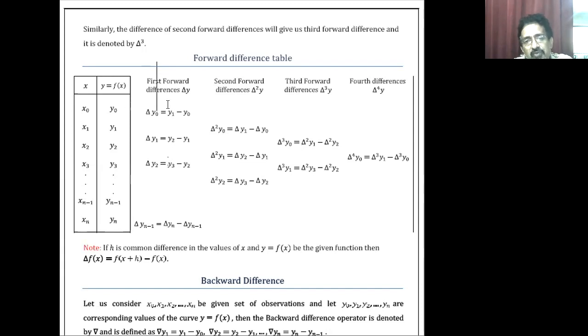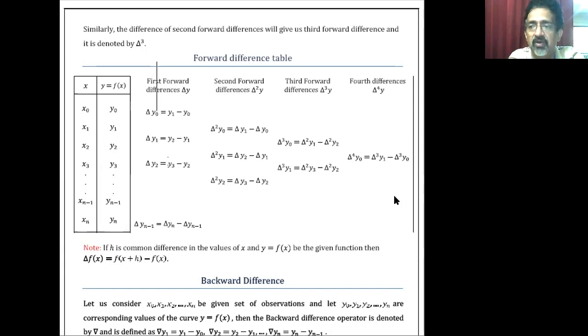So if you go along the diagonal, you get del y0, del squared y0, del cube y0, and so on. If you consider y1 and go along the diagonal, this will be del of y1, this is del squared y1, this is del cube y1, like that. So what you observe here is, along the diagonal, starting from the top of the first column up to the bottom of the nth column, the value remains the same.